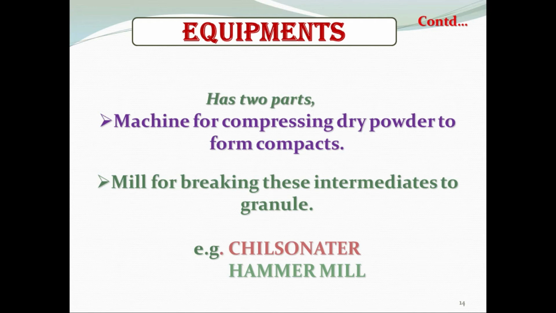The second part is milling, for breaking these intermediates into granules. Whatever sheets form after rotating in the rolls will get converted into granules by the use of a mill. For that purpose we use the chilsonator, which has both the parts, or sometimes if you are just doing slugging, then for breaking we can use a hammer mill. These are the equipments generally used in dry granulation.